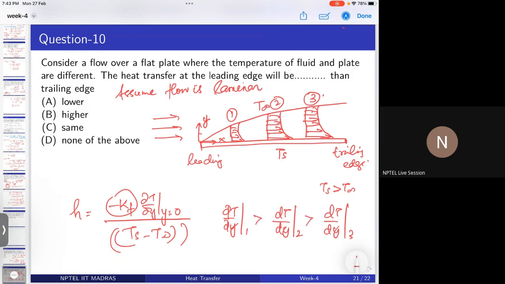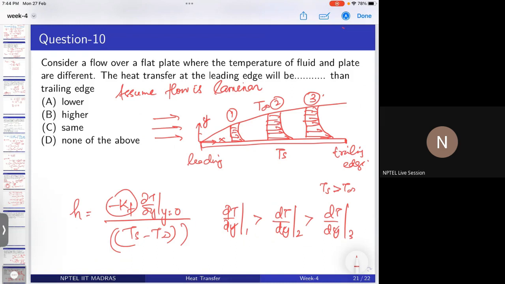Then how does the heat transfer coefficient change? Because the heat transfer coefficient is a direct function of the gradient, it will also be decreasing. So the heat transfer near the leading edge is the maximum. Yes, maximum, which depends on whether turbulence is also there, because in the turbulent case the heat transfer coefficient can be more.